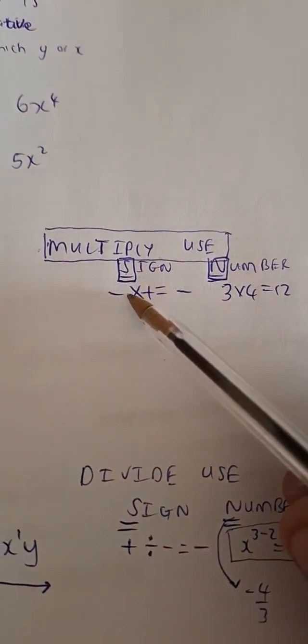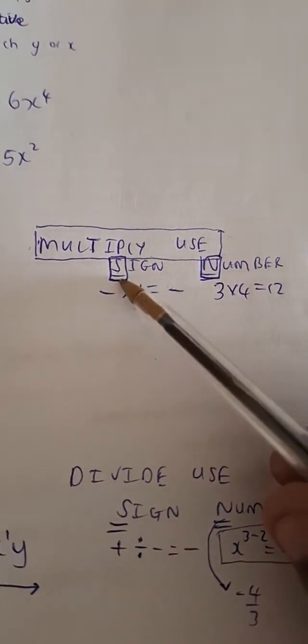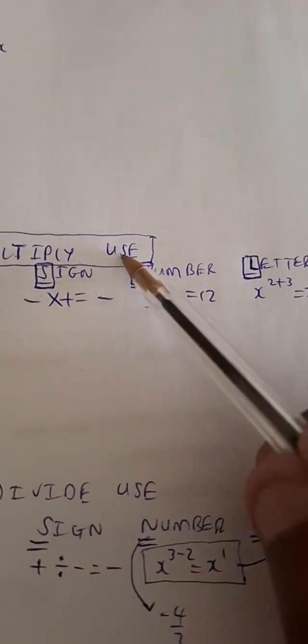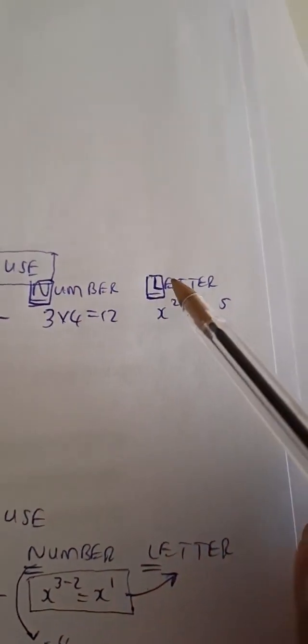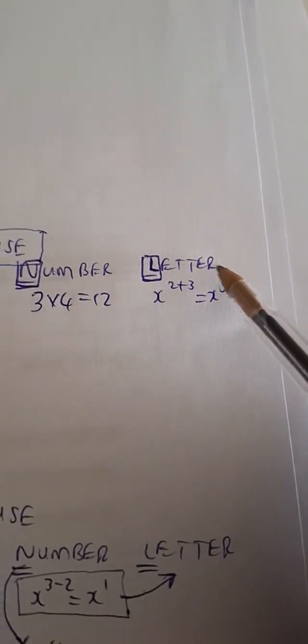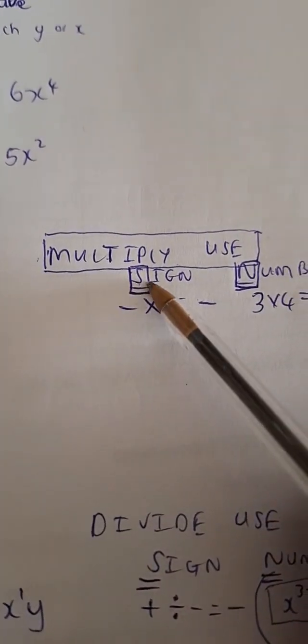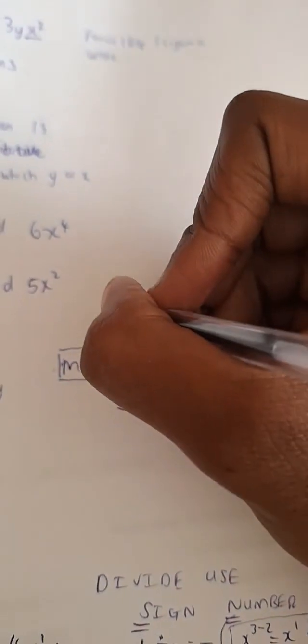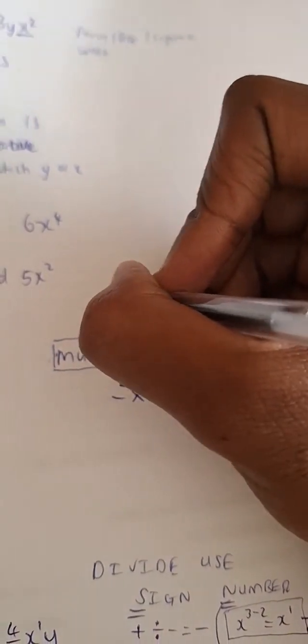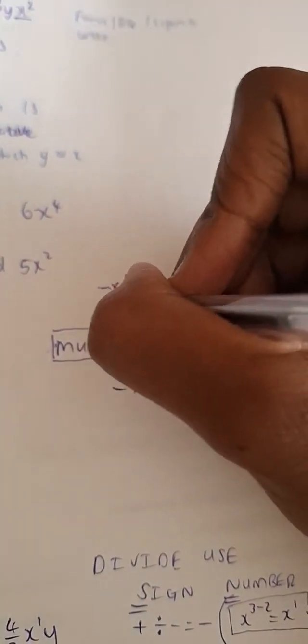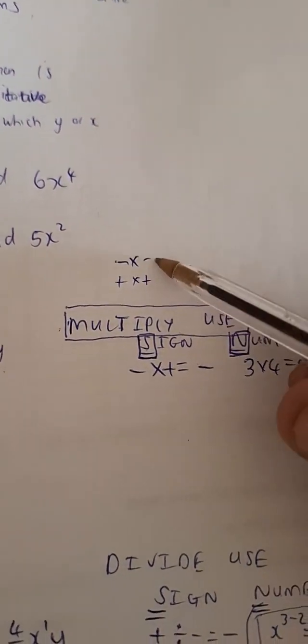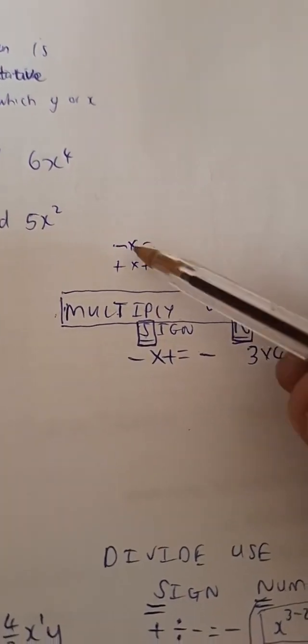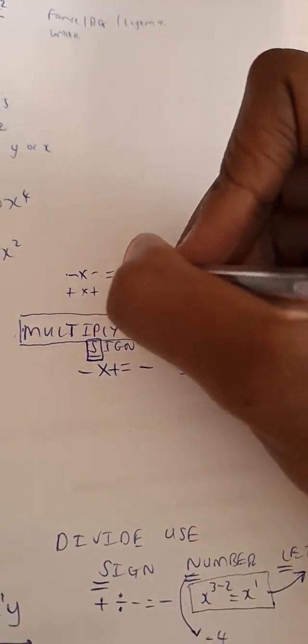We multiply firstly the signs, then the numbers, then the letters. We must remember with the signs what we learned in earlier grades: a negative times a negative and a positive times a positive, an even number of terms that are the same multiplied together, give us a positive.